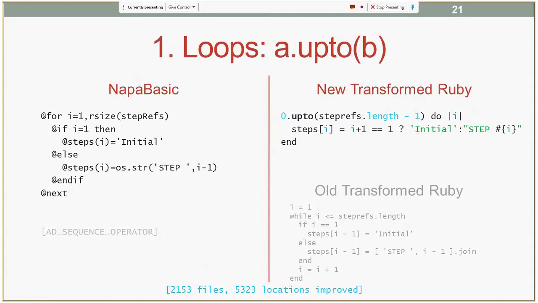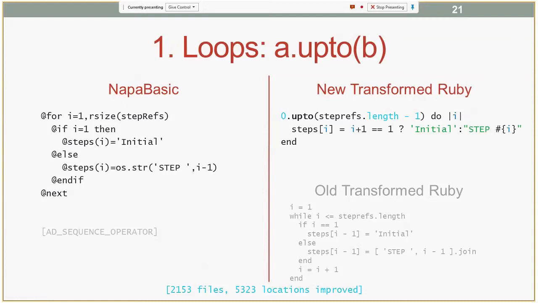And this is one improvement that has been done recently, but it didn't make the top 10. In the original transformation, we had to have +1, -1, +1, -1 in very many places in the generated Ruby code in order to convert between the Ruby index and the NapaBasic index.